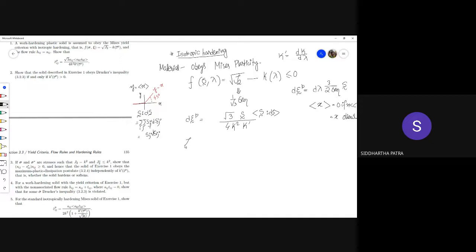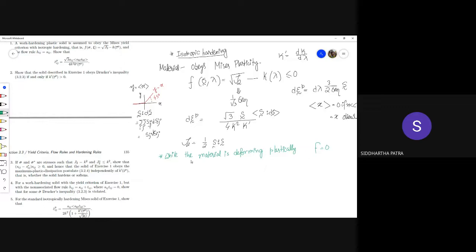You might recall that J2 is essentially half of S inner product S. Now while the material is deforming plastically, F has to be 0.